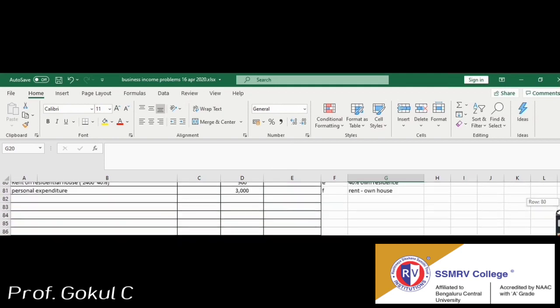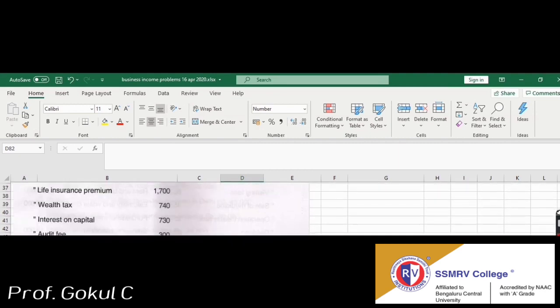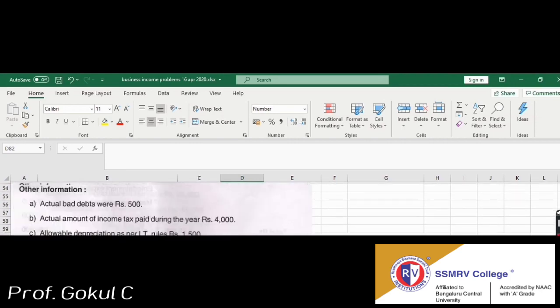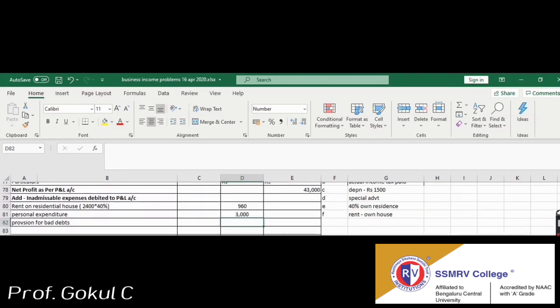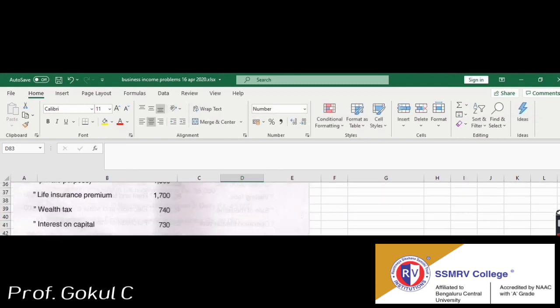So let us go here, provision for bad debts. How much is the amount? Provision for bad debts amount is 1200 rupees. Let us add back 1200 rupees.